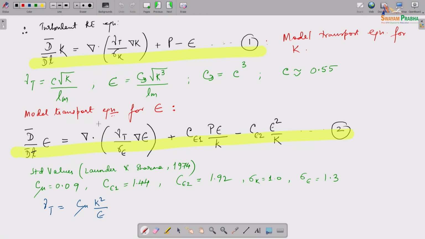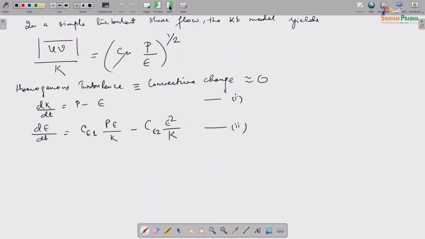Here the flux is usually modeled with the gradient diffusion hypothesis, which we learned in a previous class. If I solve these equations, this is the solution I will get, and it should give us information about the turbulent flow domain. The equations become quite simple if I use homogeneous turbulence, which means the convective part of the flux goes to 0, and we have the two easy equations.